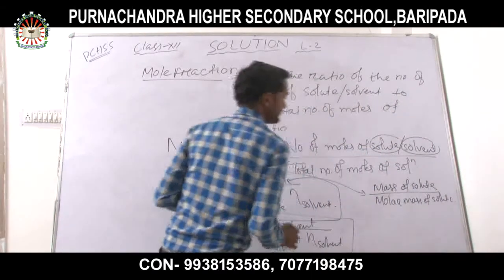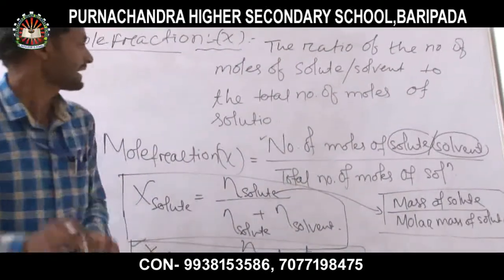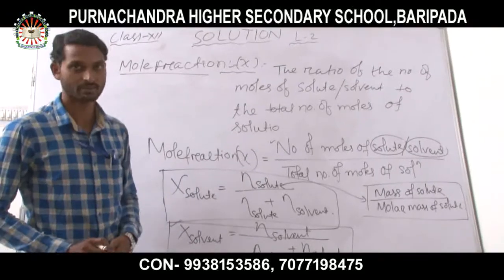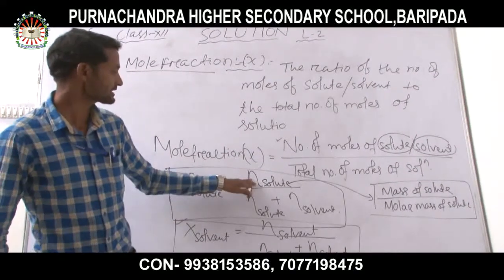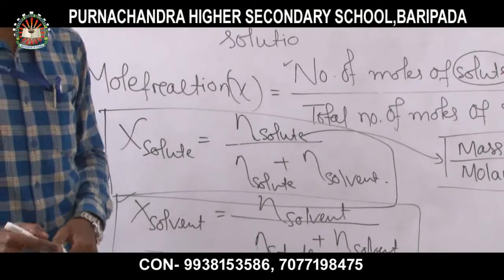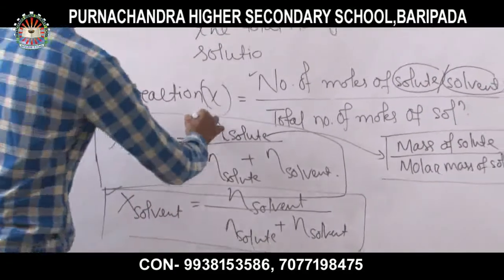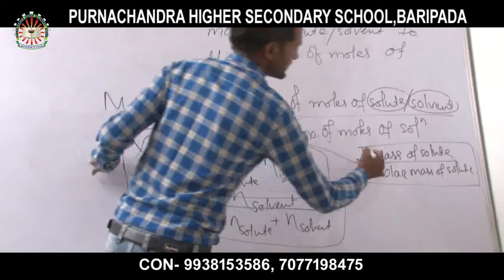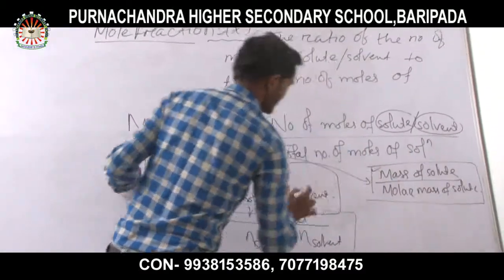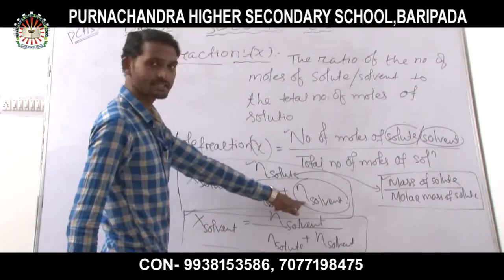This is a term you have already read in class 11, in the mole concept, where you learned what the number of moles is. So the number of moles of solute is the mass of solute divided by the molar mass of solute. Like that, how can you express the number of moles of solvent?